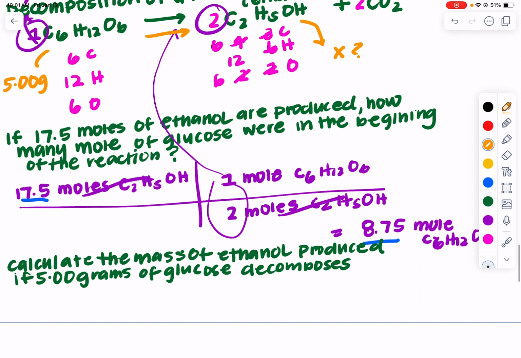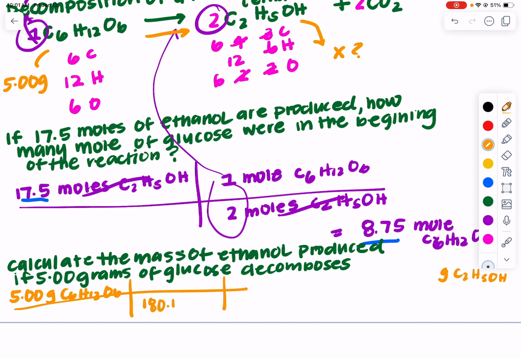Well, we have to start with glucose. And we have to somehow end up in grams of C2H5OH. And it's kind of like a little puzzle. So first we need to go to grams of glucose. And I have the molar mass here that I calculated earlier.